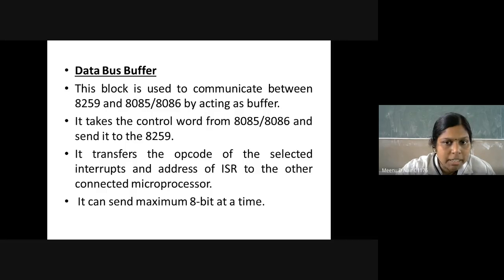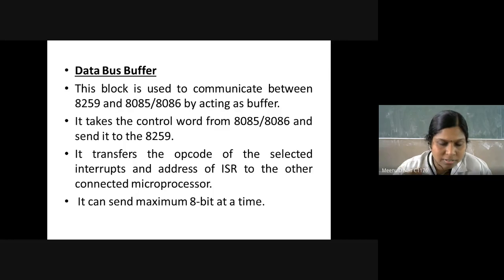But here it transfers the opcode of the selected interrupts and address of ISR to the other connected microprocessor. What you mean by opcode, mnemonics, all those things will be explained by Shiva sir in the afternoon session. That time you will be clear about what is meant by opcode and mnemonics, how to write the program, all those things, right? So I don't need to go into detail with the opcode here. In the 8259, the opcode is nothing but the address where it is located.